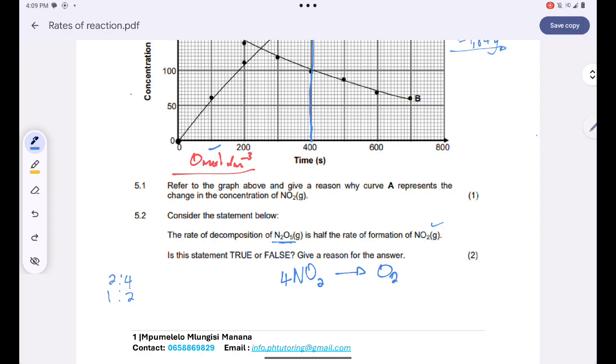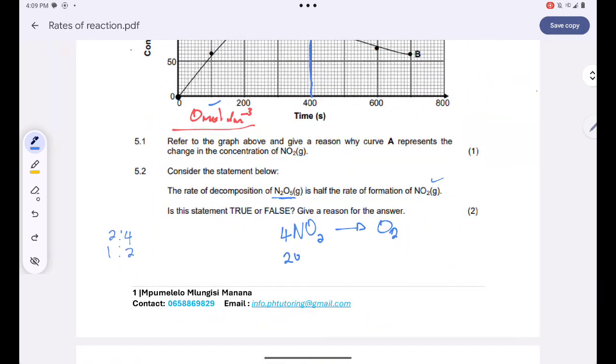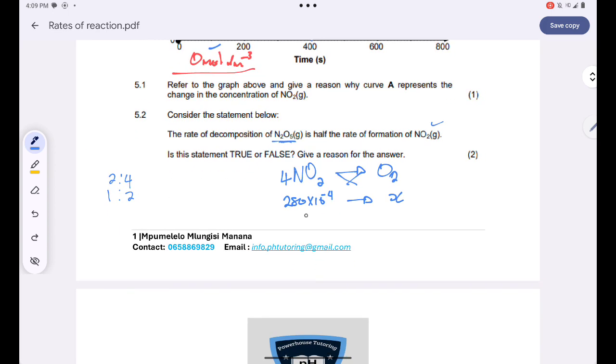Since I have 280 times 10 to the power negative 4 as my concentration, I want to know how much concentration I have formed for oxygen. So all I have to do is just cross multiply. I'll simply have 280 multiplied by 10 to the power negative 4 equals 4x.